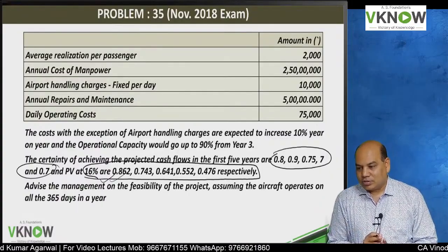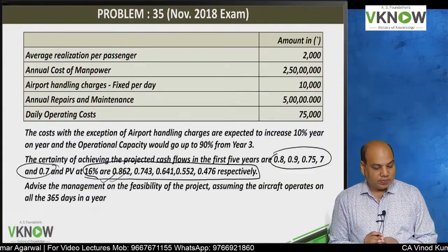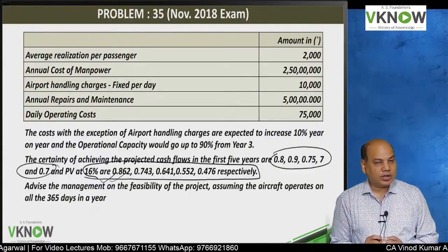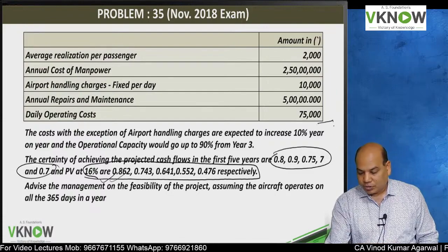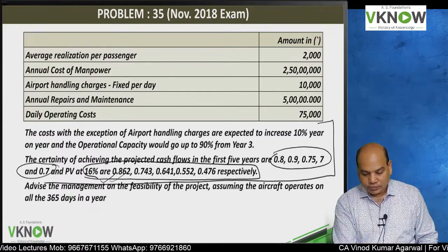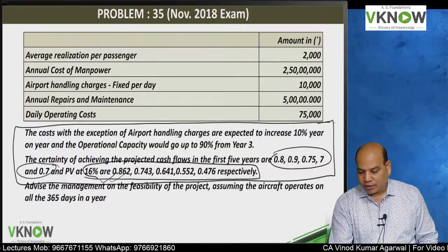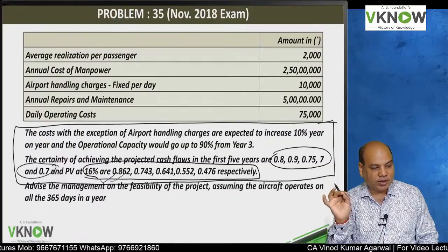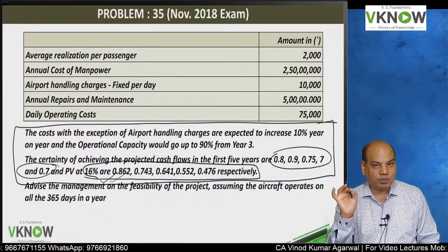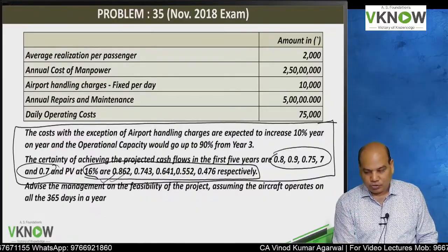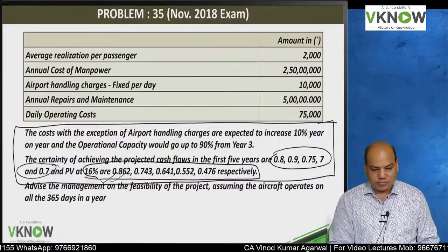Plus, although the life of the aircraft is 25 years, from the drafting of the question, we have to check within 5 years only will the project generate positive NPV.